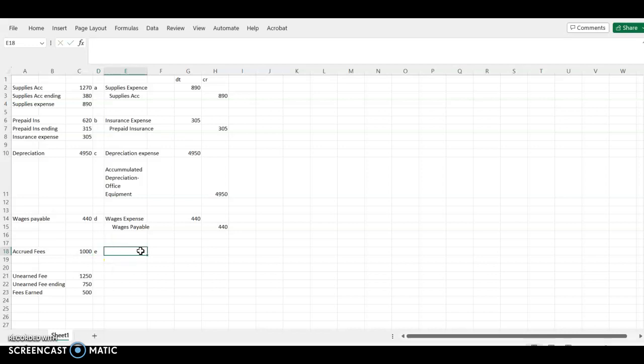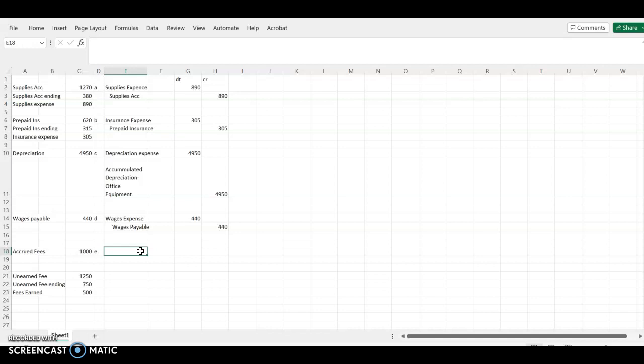So we're going to record the accrued fees. Accrued fees is you have performed the services and you have to record the fees earned, but you haven't received any money yet.